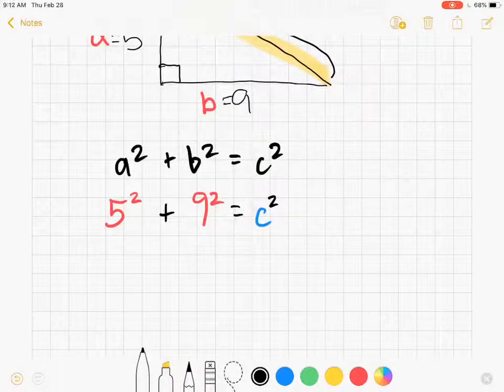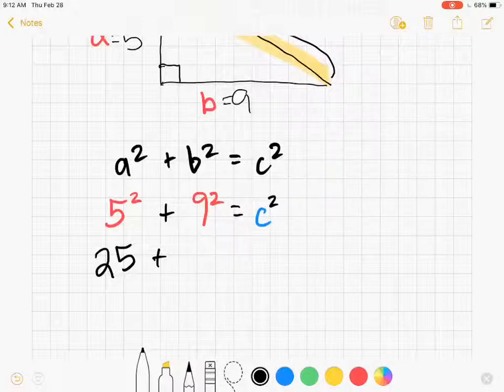We've got to keep that in mind as we move throughout. So what is 5 squared? Try and answer that in your head. If you're unable to do that, you can use a calculator. But 5 squared is 5 times 5. That is 25. Plus 9 squared. Well, what's 9 times 9? That is 81.